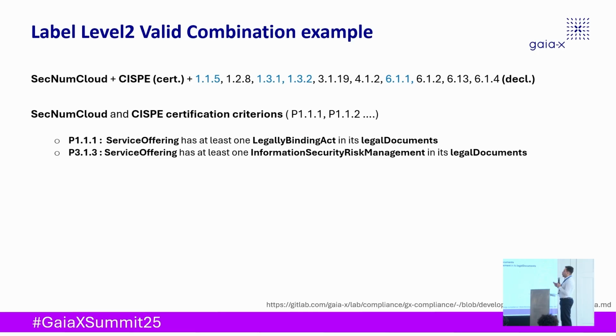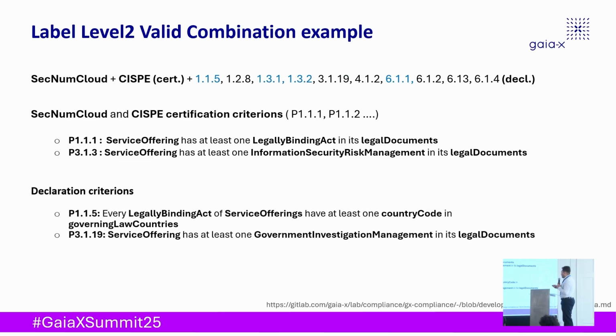For example, for P1.1, the service offering has at least one legally binding act, the name of the field we want, in its legal document. So in the JSON file, we need to find this information. And for P3.1.3, the service offering has at least one information security risk management in its legal document.